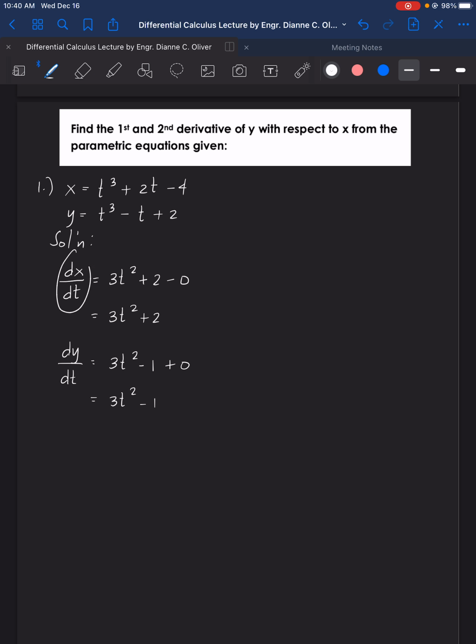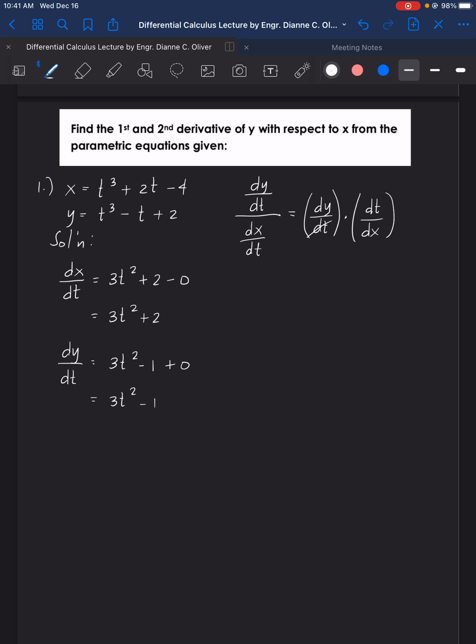Now observe that we have taken dx over dt and dy over dt. What we will do is to divide dy over dt over dx over dt. In so doing, since we are dividing fractions, the denominator is reciprocated, so dt over dx.